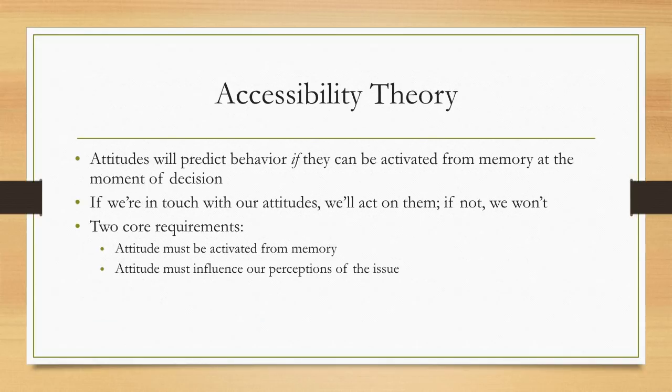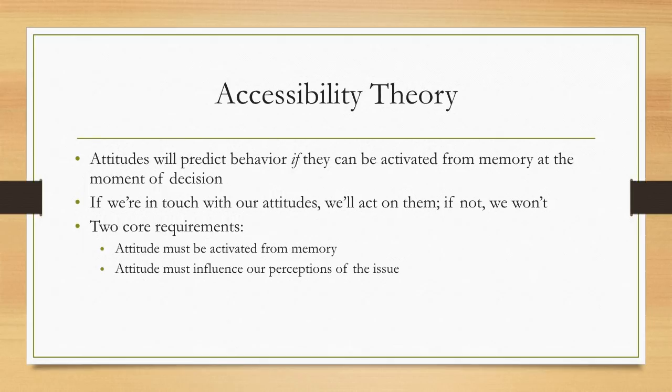The second major theory that we look at with attitude-behavior relationships is that of accessibility theory, which we also talked about in Chapter 4. So in accessibility theory, attitudes will predict behavior if they can be activated from memory at the moment of decision. So if we're in touch with our attitudes, we'll act on them. If not, we won't. So you've got your 2 core requirements for accessibility theory, right?